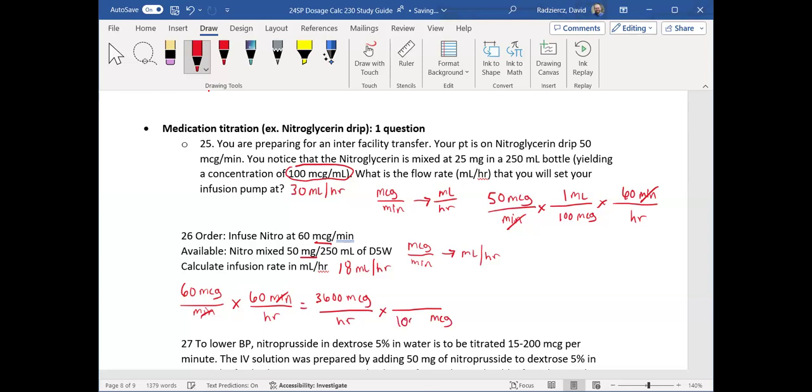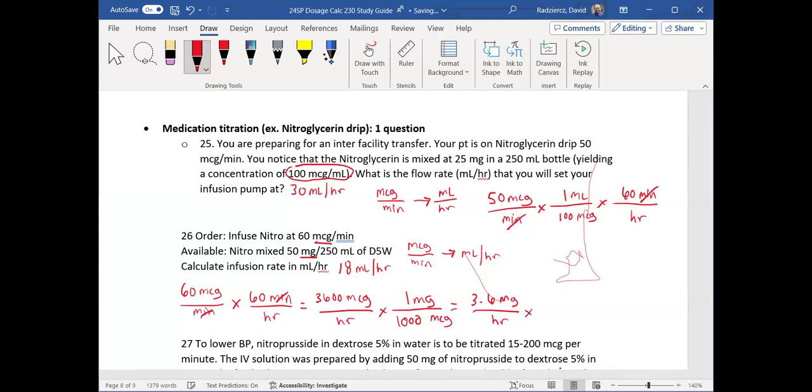So 1,000 micrograms, 1 milligram. And then that's going to give me 3.6 milligrams. Shoot. Sorry. I hate when that happens. 3.6 milligrams per hour.